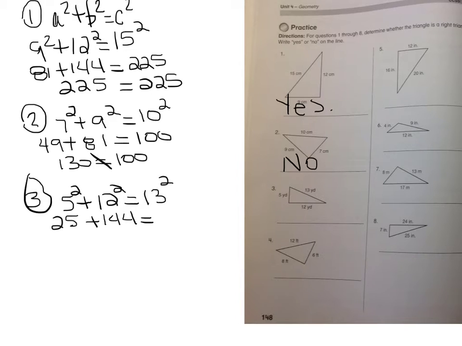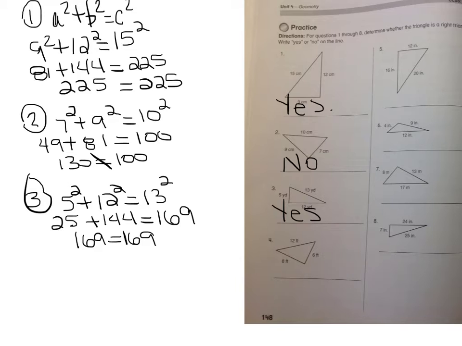Does it equal 13 squared, which equals 169? I'm going to add 144 plus 25. Whoops. 169 equals 169. So guess what? Yes, that is a right triangle.